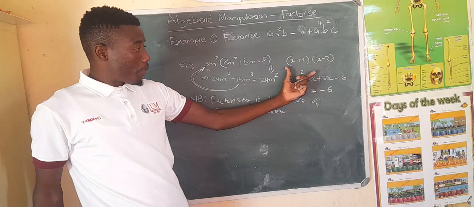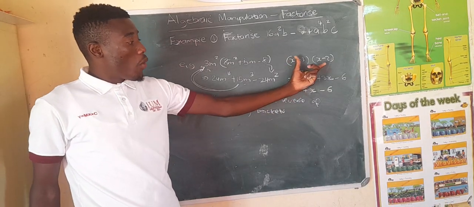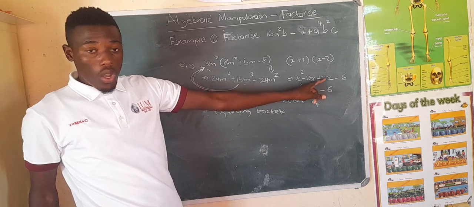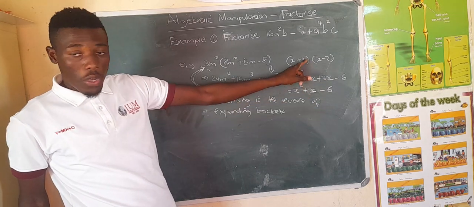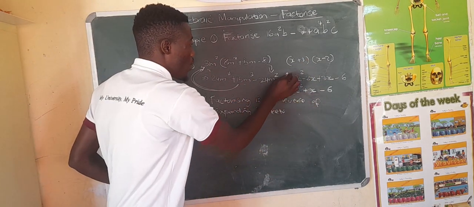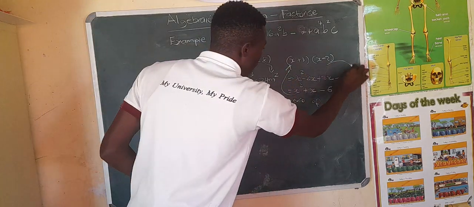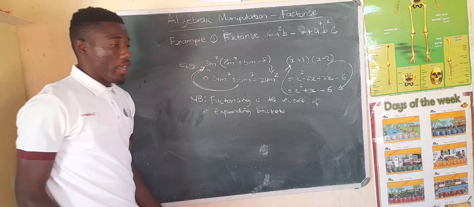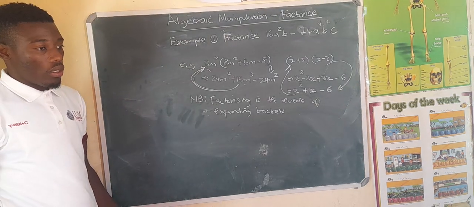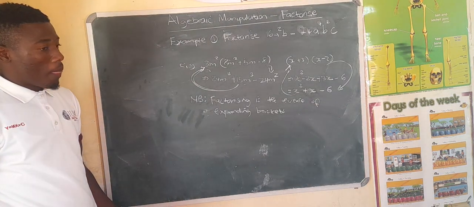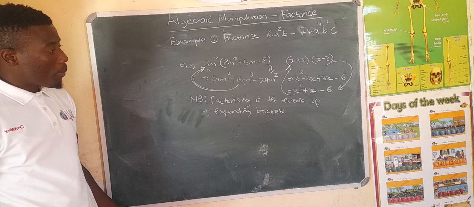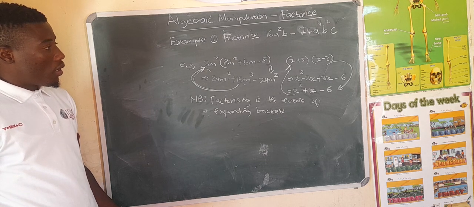Same like here. So when you expand this, it will bring here. When you factorize this one, it will bring you here. Are you okay?